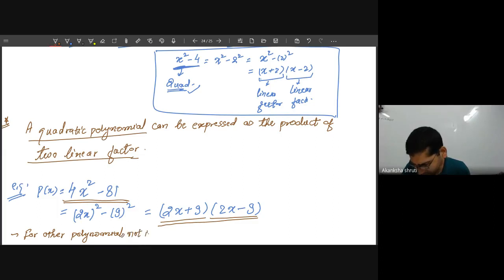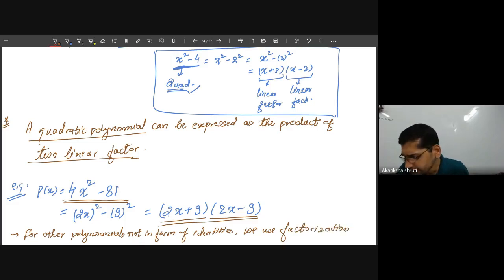So this is the factorization method that you have to learn. There is another method also, the quadratic formula method, that we will learn in class 10.